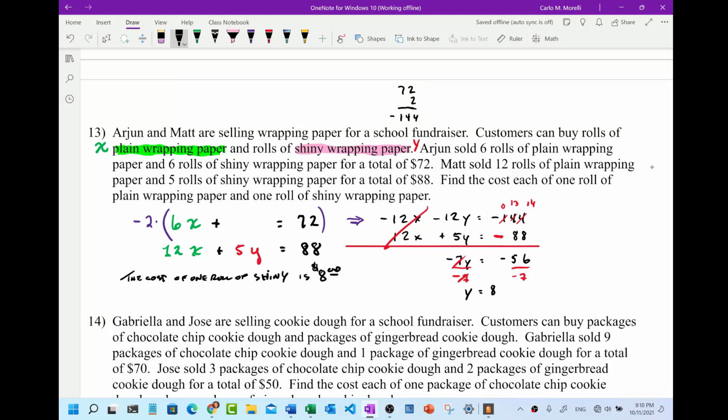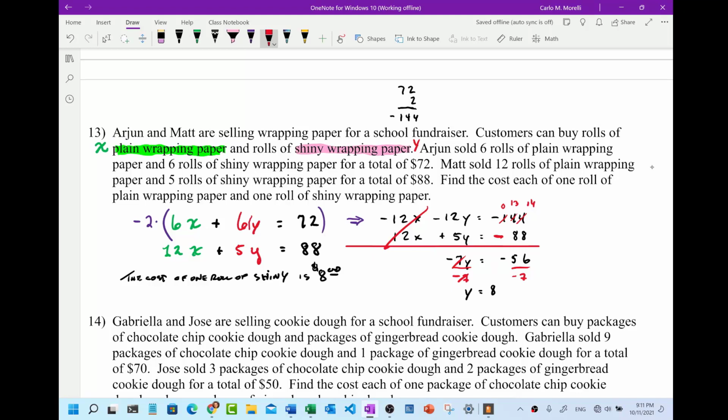All right, so now we were going to plug that 8 back into one of our original equations to find out what the other variable is. Okay, we're going to find out what x is. So somehow I erased what was here, and that was 6. So put that back. This was 6y. Okay, so we're going to go ahead and into this original equation right here, plug in y equals 8.